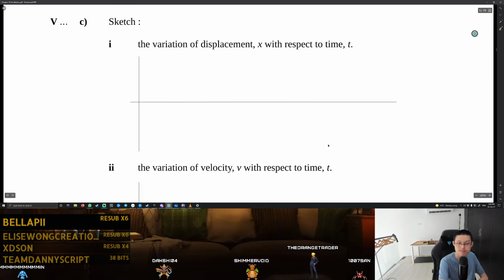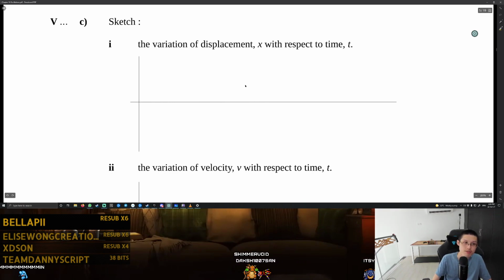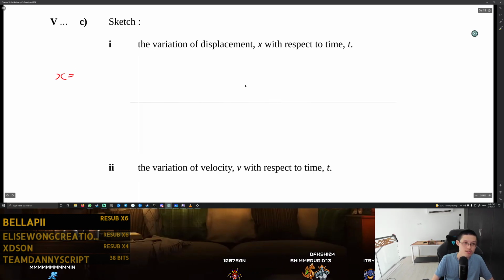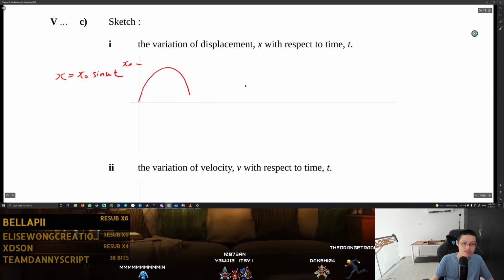So, next up we'll sketch the variation of the displacement x with respect to time. So suppose we have x equals x naught sine omega t. That means the amplitude will be x naught and you just get a sine curve.